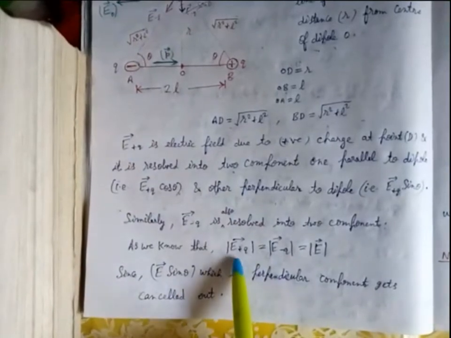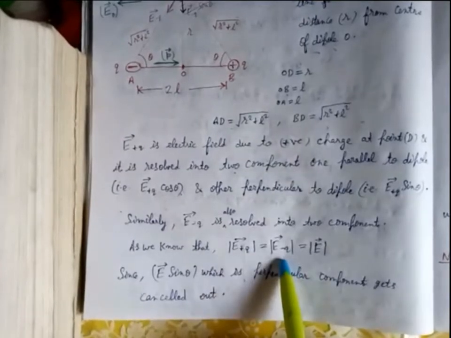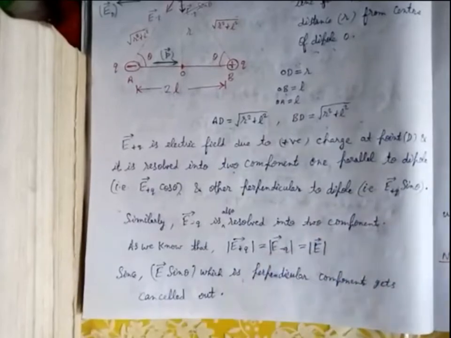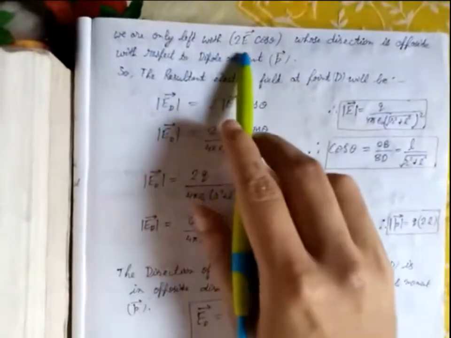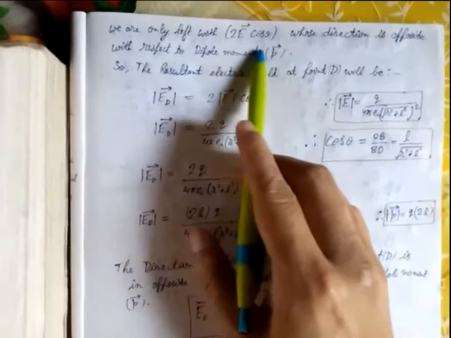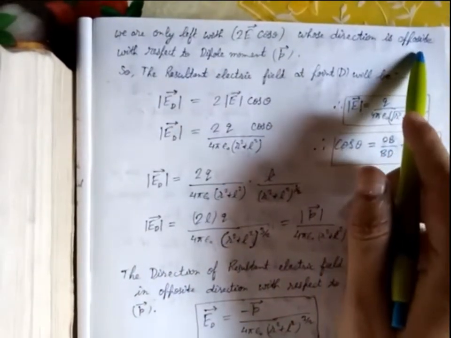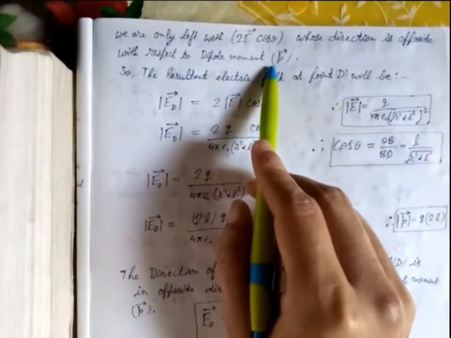And we know that the magnitude of E of plus Q is equal to the magnitude of E of minus Q, which is the electric field magnitude. Now we are left with only one component, that is 2E cos theta, whose direction is opposite with respect to the dipole moment vector.